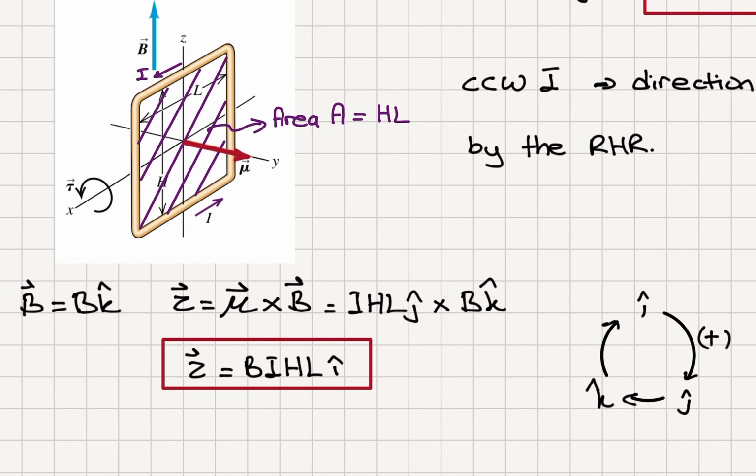So mu cross B, using the right-hand rule, actually we can follow mu cross B. So the fingers of the right hand point in the direction of mu curled towards B. The thumb points in plus i hat direction. So the torque is basically in the counterclockwise direction, looking from the plus x direction point of view, and the vector points in plus i hat direction.